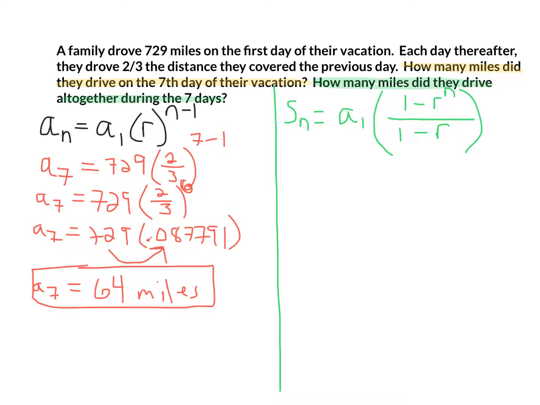All right, so here we go. These people went 7 days, so S of 7 equals A1, 729, times 1 minus 2/3 raised to the 7th power, all divided by 1 minus 2/3.